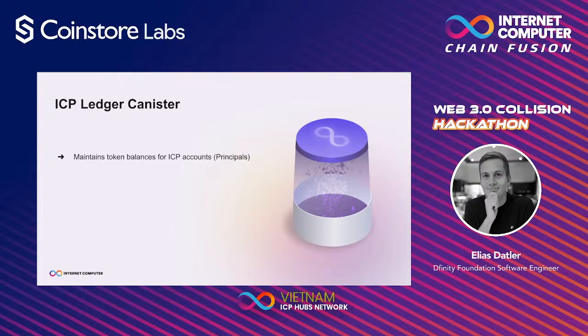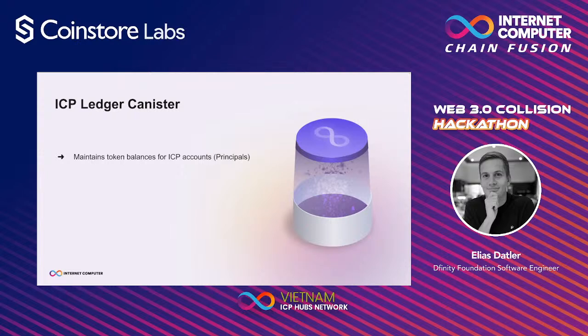And this also shows a difference to, for example, Ethereum. So the native token of ICP is called ICP, and it just lives in a smart contract. Whereas on Ethereum, it's much more deeply embedded in the blockchain itself.